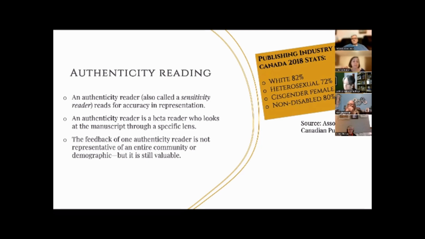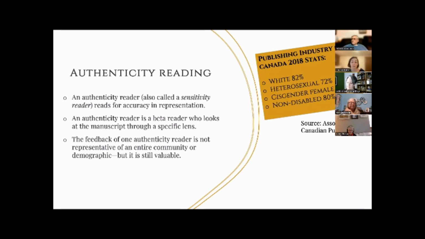One of the things that you can do is look for an authenticity reader. So authenticity readers are also called sensitivity readers, and they read for accuracy and representation. And so they're basically like a beta reader who looks at your manuscript through a very specific lens.